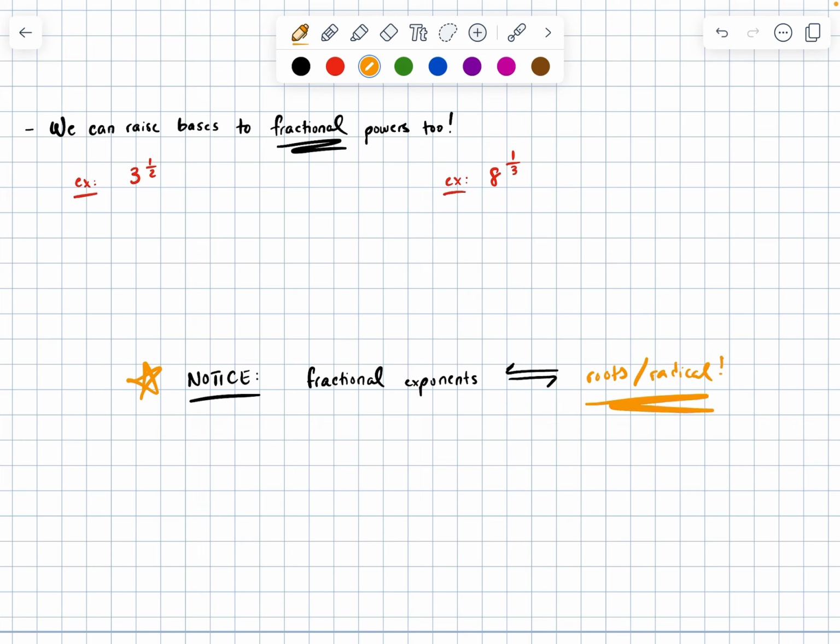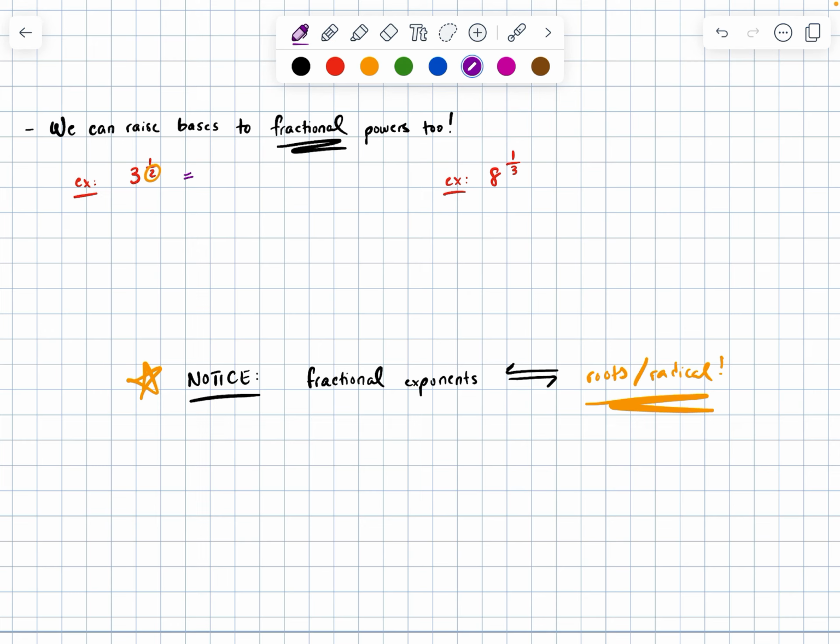And the way that it works is that the denominator of the fraction tells me which root of the number I'm trying to take. So, 3 to the power of 1/2. I'm going to take that denominator of 2.